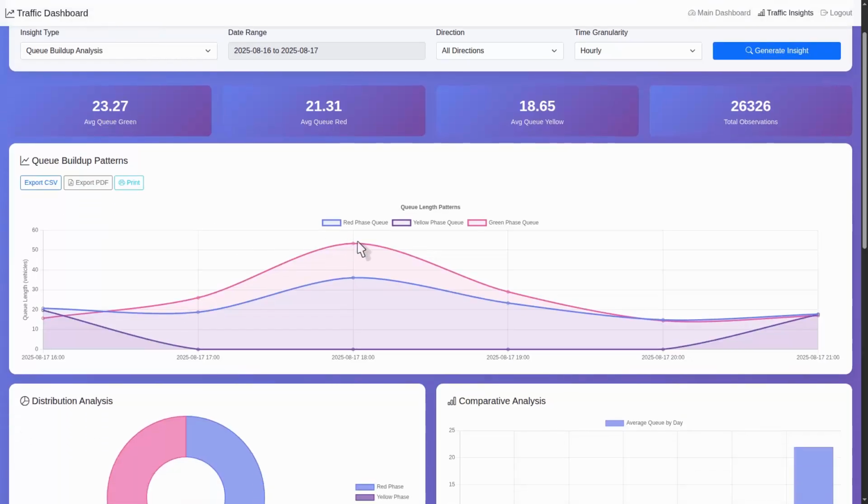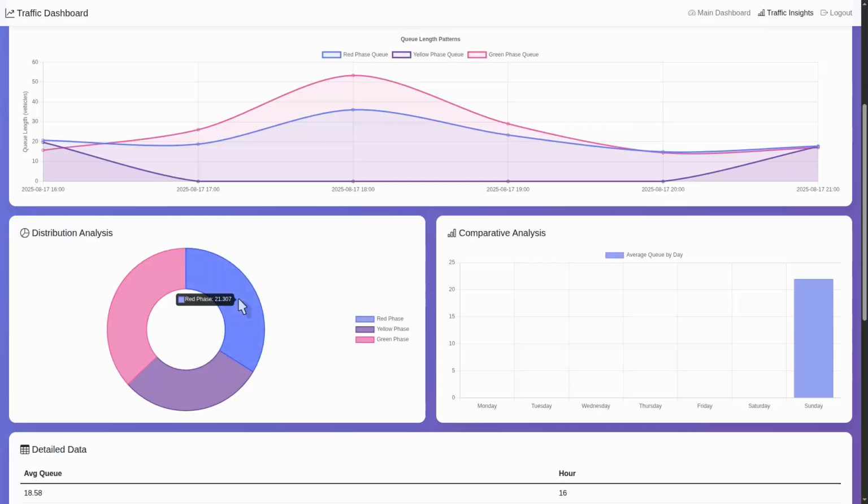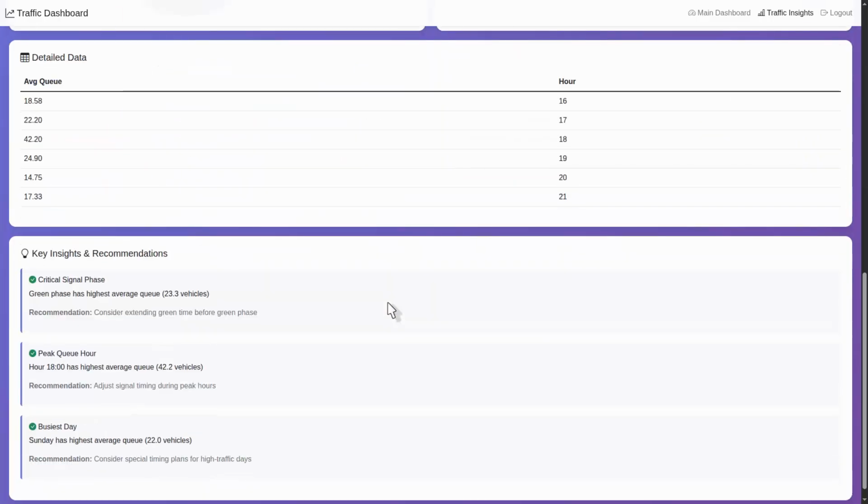Moving forward to the next, queue buildup analysis. For the green phase queue, we see it has more queue length than the red or yellow phase, which is normal and expected. On Sunday, average queue is highest.